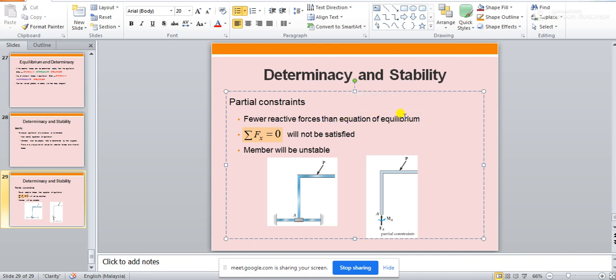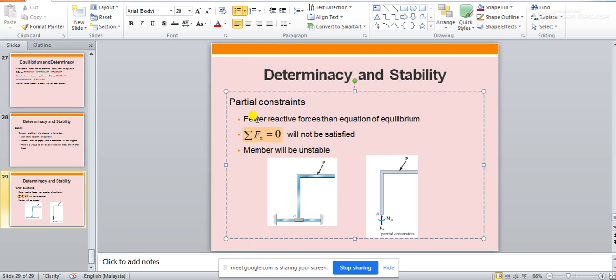So if you try to hold this structure like this, because of this load, what will happen? At the point A, there will be slippage of the structure. So either the total assembly will move in this direction or in this direction, depending on the inclination and the direction of the load.